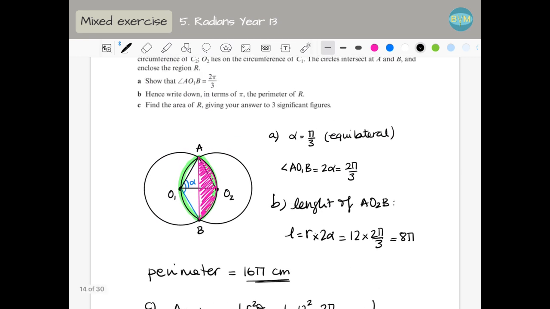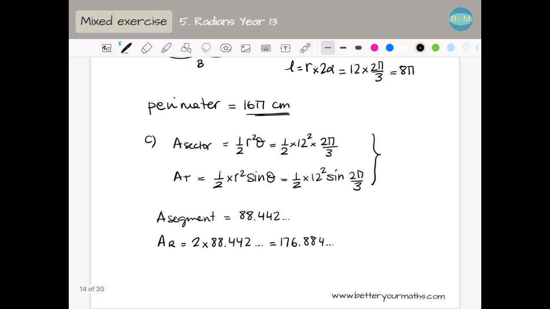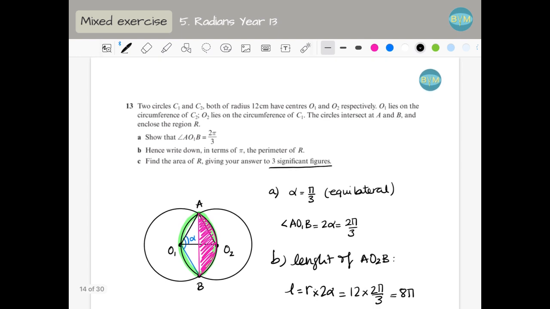When we round to 3 significant figures, this is going to be 177 square centimeters. And that's all with this question. I think it doesn't come with a sketch, but it's important to do the sketch to understand what you're doing.